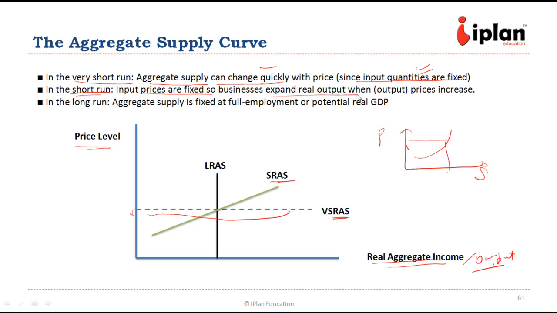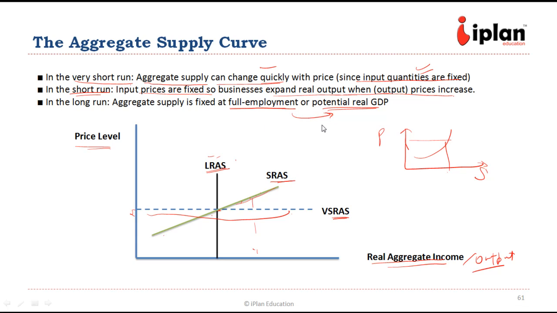For a higher price, they can invest more and increase the supply level. But if we talk about the long run aggregate supply, it is going to be constant, because it is already at the full employment level or potential real GDP. When an economy is running at full employment level, it has already achieved the potential real GDP.